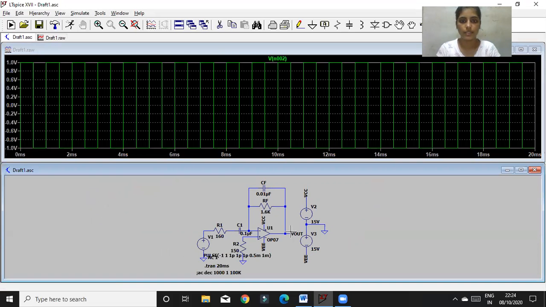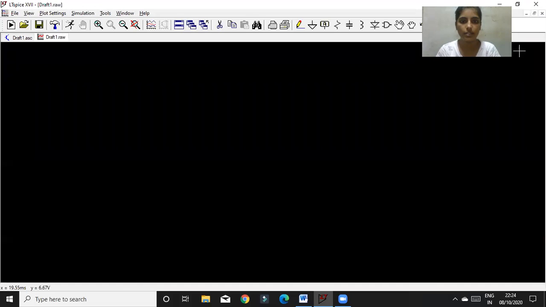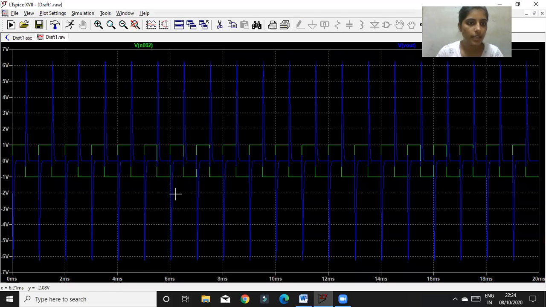So this is my last waveform of the differentiator, where I get the spikes. My input is a square wave and my output is spikes. This output spike I got is around 6.3 volts, and the input is 1 volt.